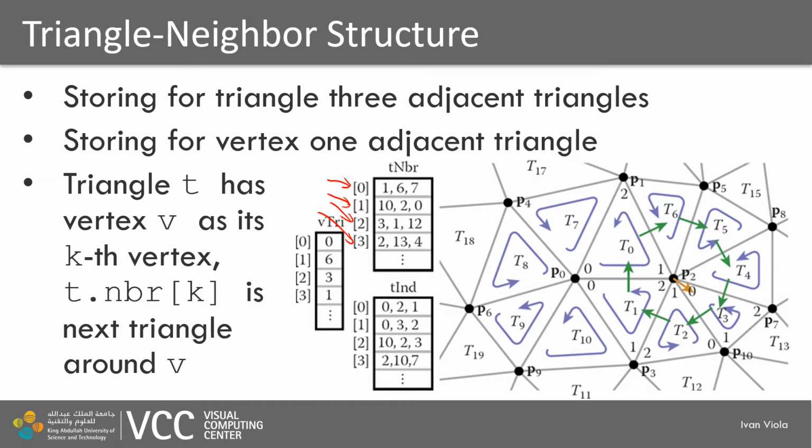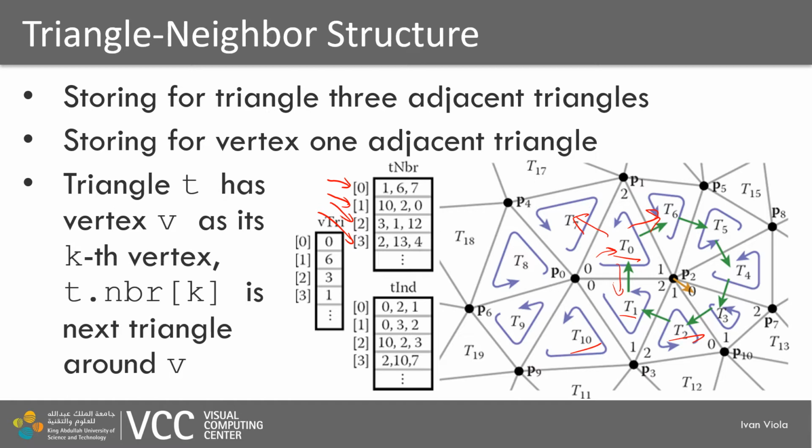So you can see that triangle 0 is having a neighboring triangle 1, triangle 6, and triangle 7. And triangle 1 is having as a neighbor triangle 10, triangle 2, and triangle 0. So we have neighboring triangles stored here in our triangle representation.